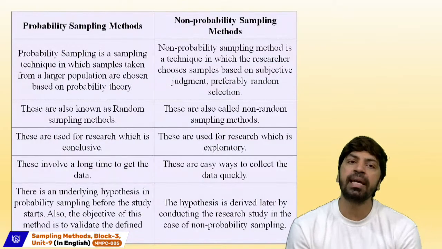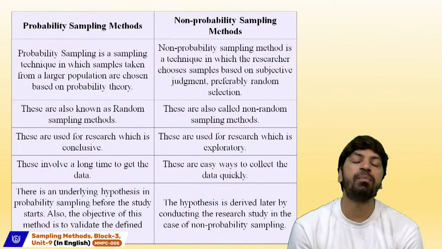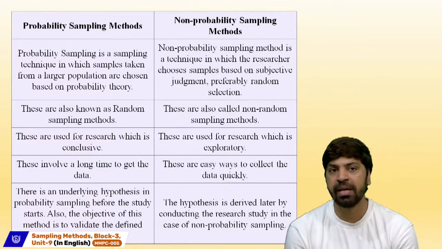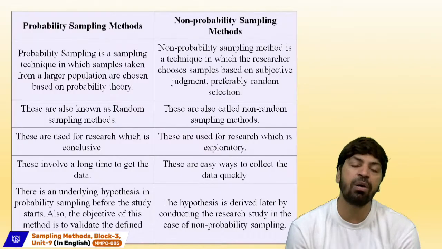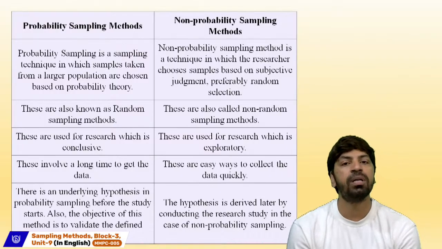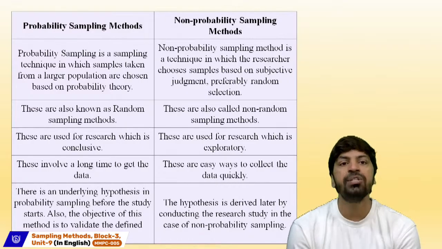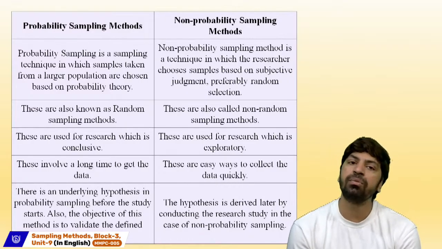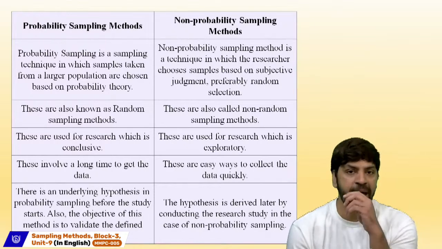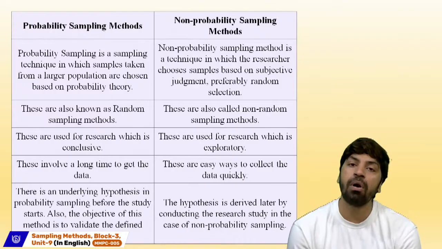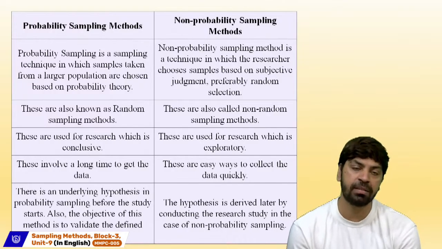The next section is the difference between probability sampling methods and non-probability sampling methods. As I already explained the meaning of these two terms, let's focus on the other aspects or criteria. Probability sampling methods are also known as random sampling methods, but non-probability sampling methods are also known as non-random sampling methods.